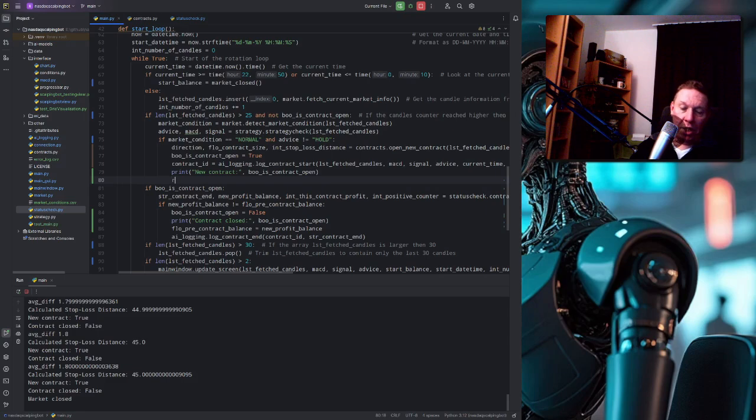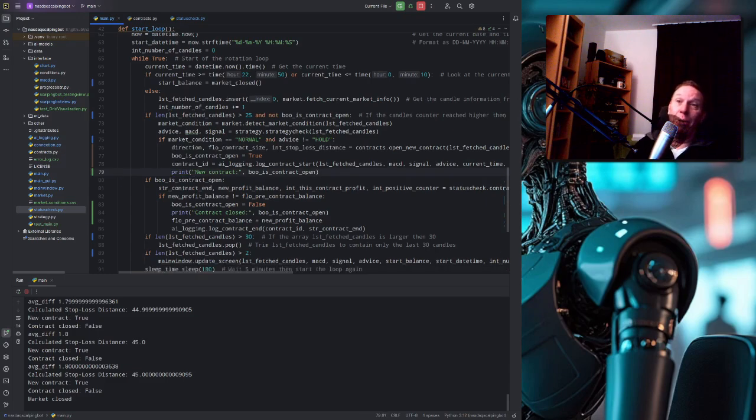And there was an error, a return, and I didn't see that, because I put it in to see if there was a contract open, etc., but I forgot to remove it. And return means the end of the loop, so nothing happened. So all I had to do was to remove the return, and everything was okay.